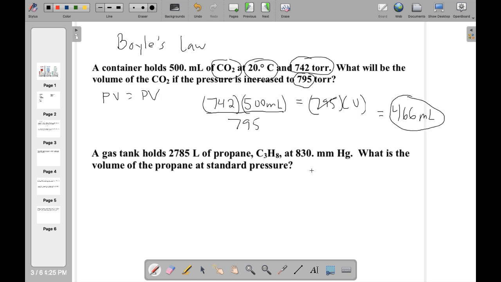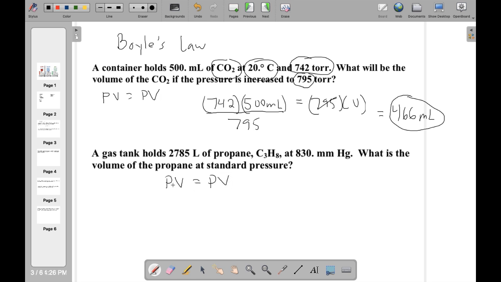Let's go down to the second example. A gas tank holds 2,785 liters of propane at 830 millimeters of mercury. What is the volume of the propane at standard pressure? So yet again, we will get our equation. I always just write the equation out so I can see what I'm doing.